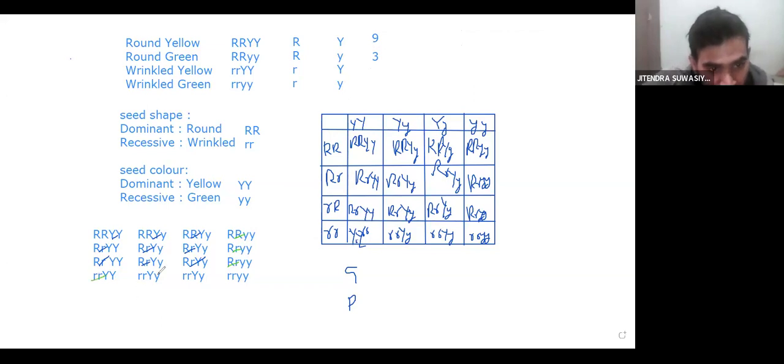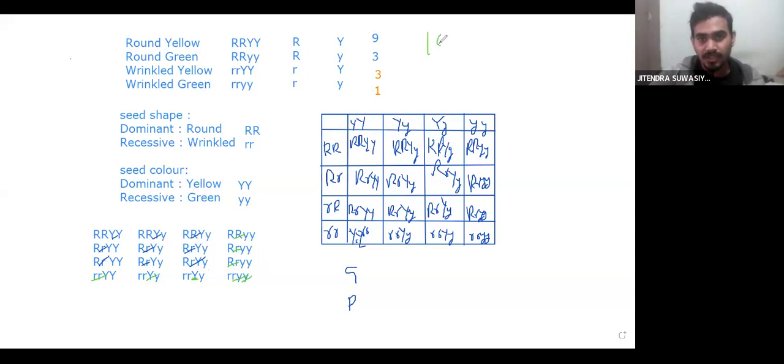This one is wrinkled yellow. This one is wrinkled and yellow. Okay, this is wrinkled and yellow. So how many wrinkled yellow? 3. Okay. Again, we are going to find how many wrinkled green. So this one is wrinkled and this one is green. So this is 1. Okay. So how many total have we taken? We have total 9, 3, 12, 12, 3, 15.